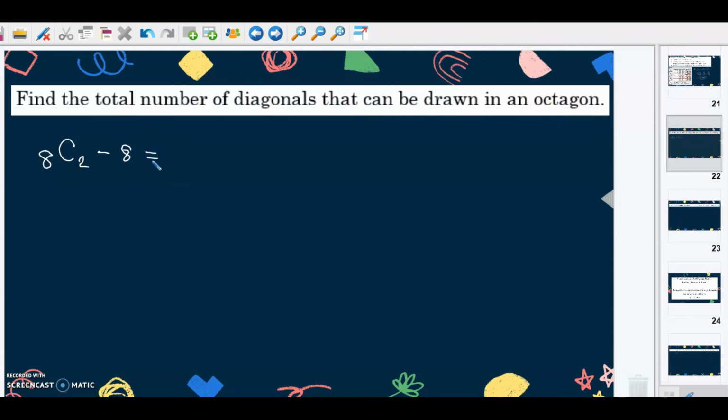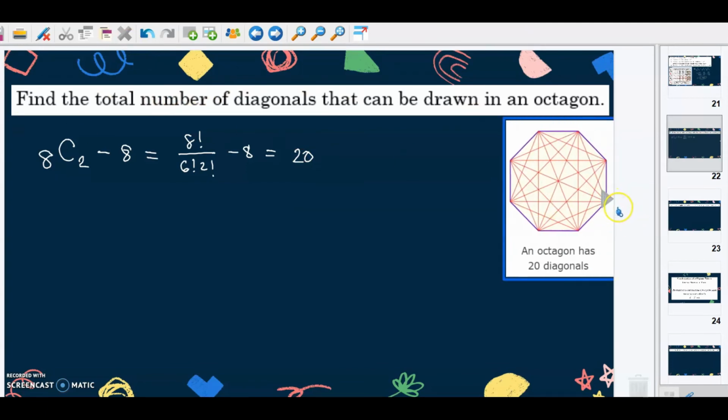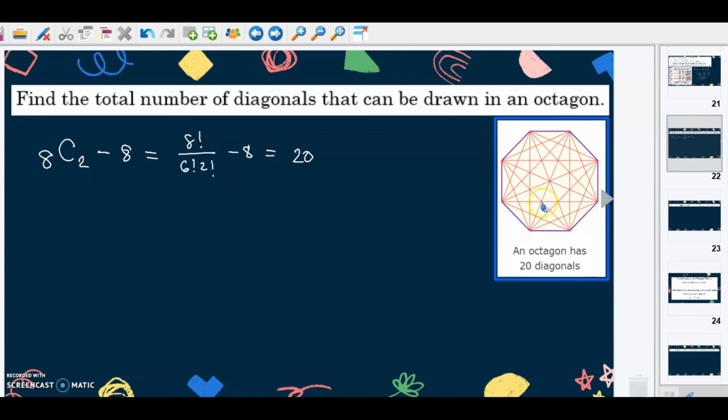So this is now equal to 8 factorial over 6 factorial times 2 factorial, minus 8, which will give us the answer of 20 diagonals. Okay? So here's a proof that we have 20 diagonals in an octagon.